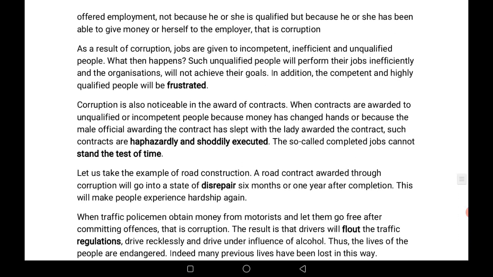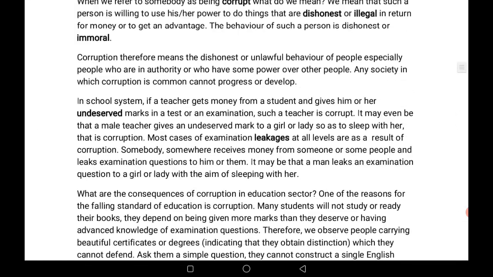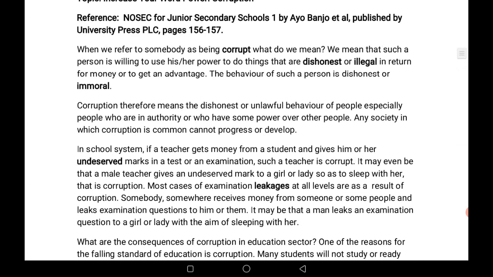However, summarily, the first paragraph of this passage discusses what is known as corrupt. What is known as being corrupt, that is, when somebody uses his or her power to do things that are illegal in order to get money or to get an advantage. However, the second paragraph looked at the definition of corruption.